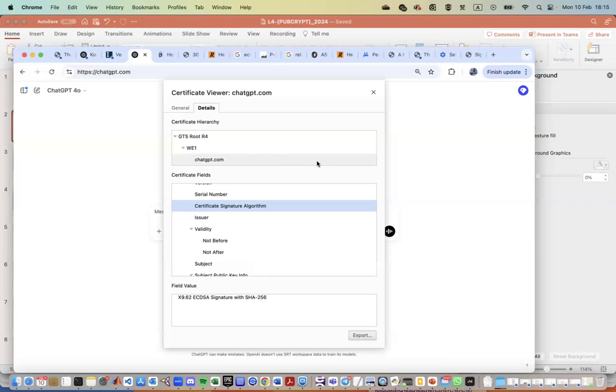Digital signature is about somebody encrypting a message with their private key that is kept secret. In this case, the signature is created by the organization that issued the certificate. This organization has a private key, which it obviously doesn't reveal to anyone, and it encrypts the message with this private key.